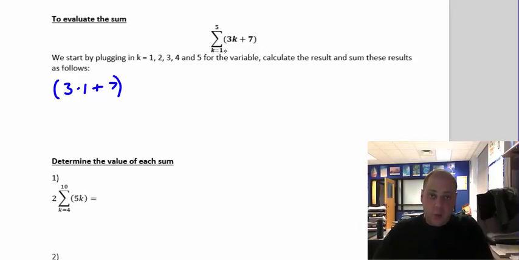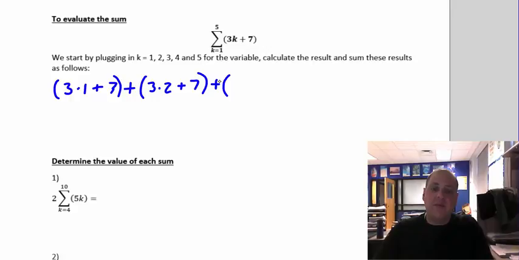That's plugging in 1 to our expression. Now we move up. What comes after 1? 2. So now we plug in 2: 3 times 2 plus 7. And we're going to add those values together.